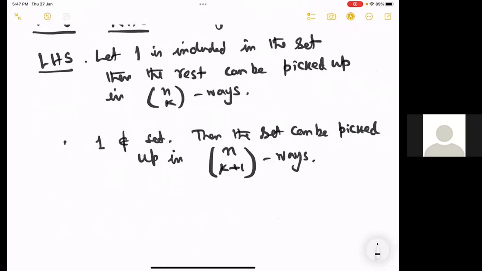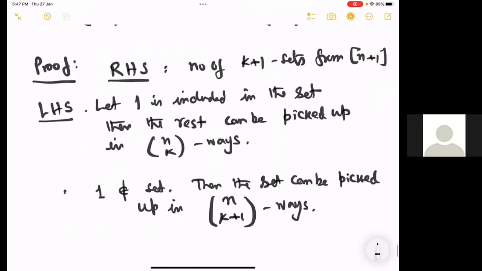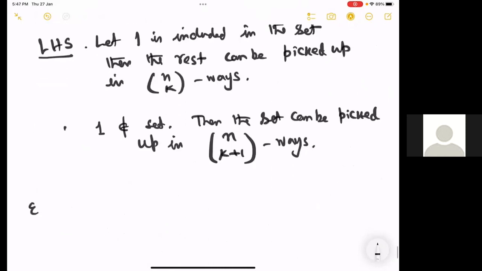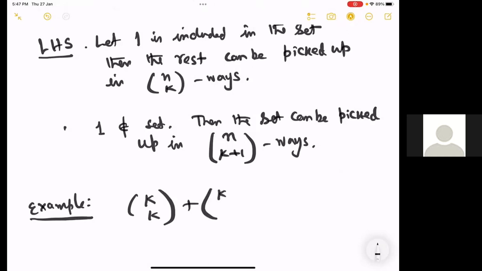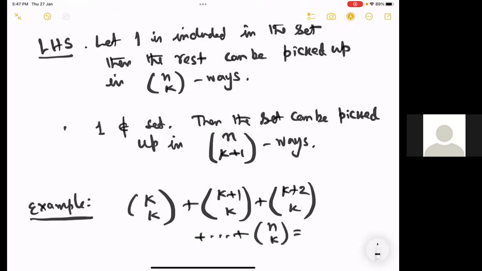Okay, so let's take more examples. Let's solve this problem: k choose k plus k+1 choose k plus up to n choose k, which is equal to again the same number, n+1 choose k+1.